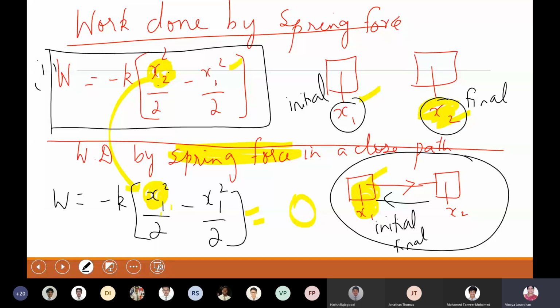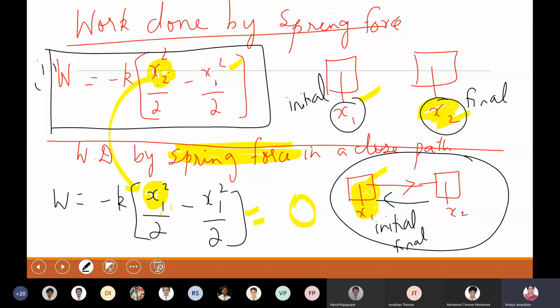The best example is your bow and an arrow. When you place the arrow, you're changing the shape of the bow. The moment you change the shape of the bow, energy will be stored, and that potential energy will be stored in the bow.